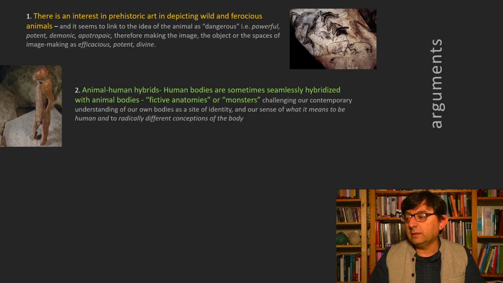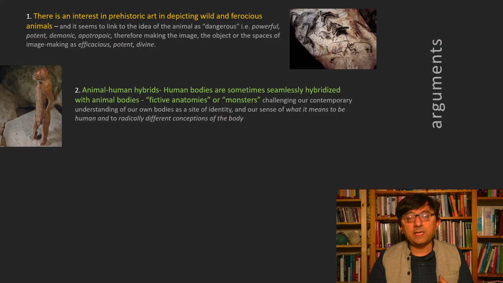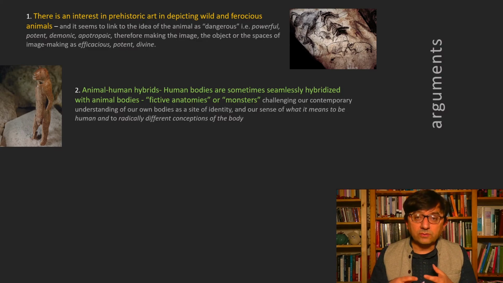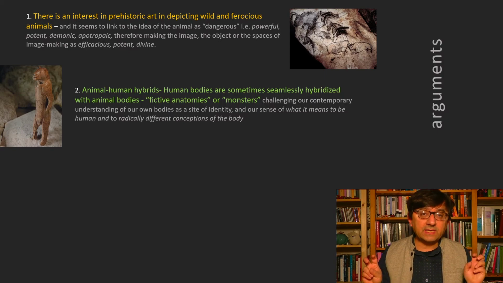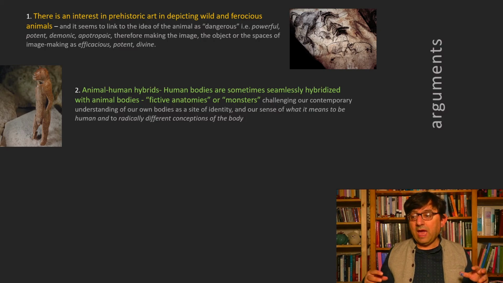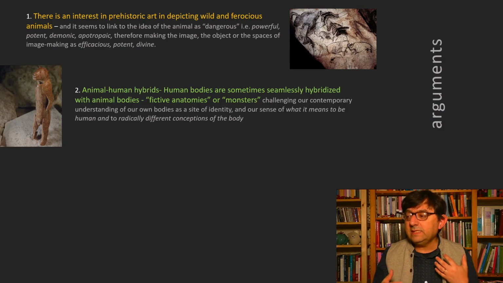Secondly, the animal-human hybrids. Human bodies are sometimes hybridized with animal bodies, and you see these kind of weird monsters that David Wengrow calls fictive anatomies. And we have these kind of lion man type of figures. What is the purpose of this?